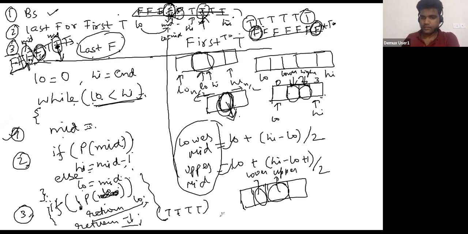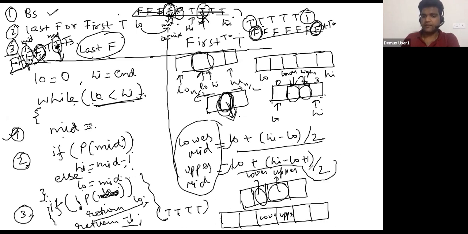So for instance, if I have an array of size 6, then this is a lower mid and this is an upper mid. And I just gave you the mathematical way of finding out the index of the lower mid or the upper mid. Lower mid is low plus (high minus low) by 2. Upper mid is low plus (high minus low plus 1) by 2.